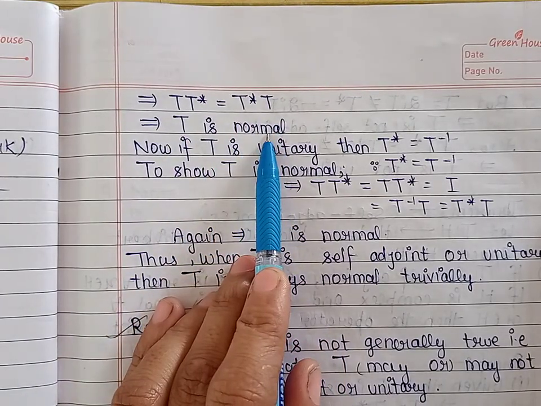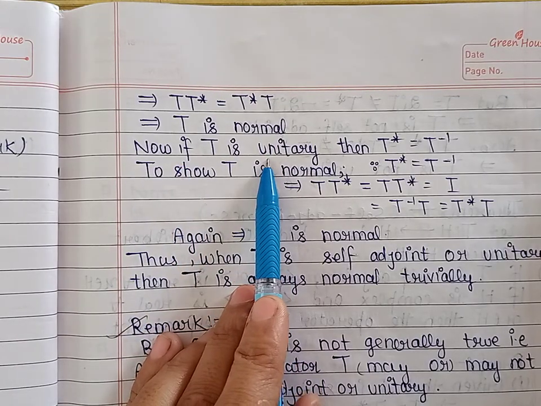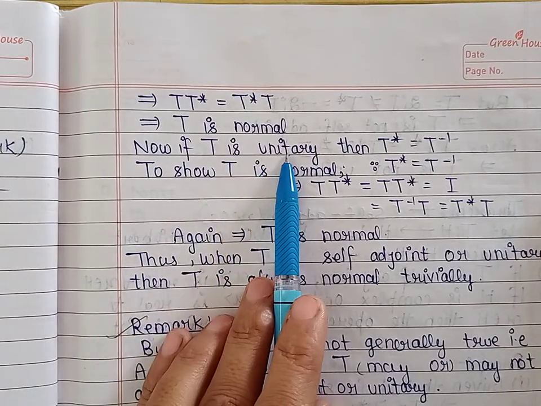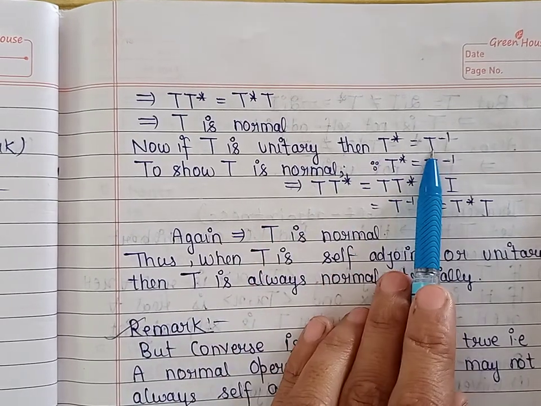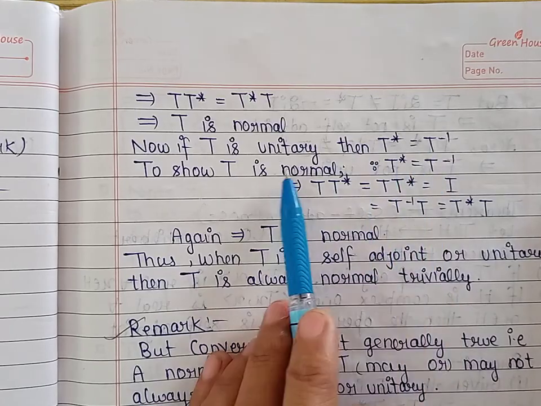Next we show that if T is unitary, then T is normal. So we are given T is unitary. Now by definition of unitary, T star is equal to T inverse, and we are to prove that T is normal.